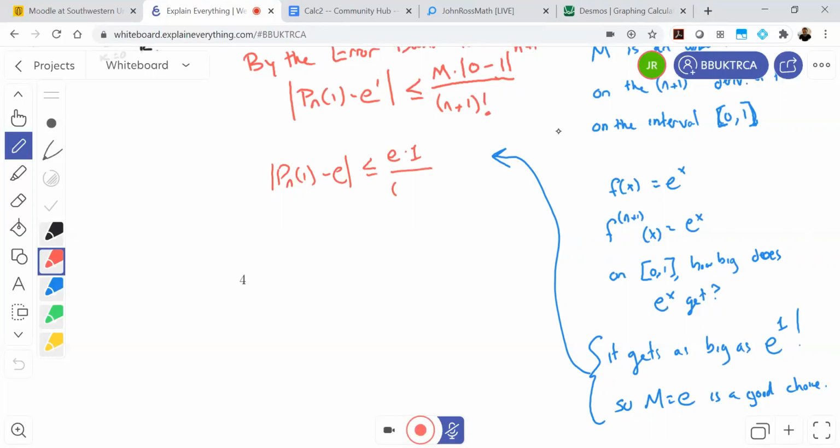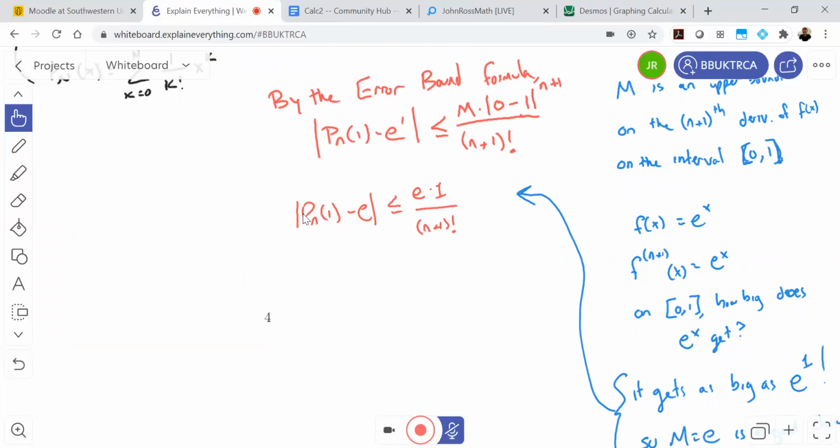And in the denominator, we have this n plus 1 factorial. So this is great. This tells us how big of an error we can expect from our nth degree Taylor polynomial if we wanted to approximate e. It tells us specifically that the error would be less than or equal to e over n plus 1 factorial.